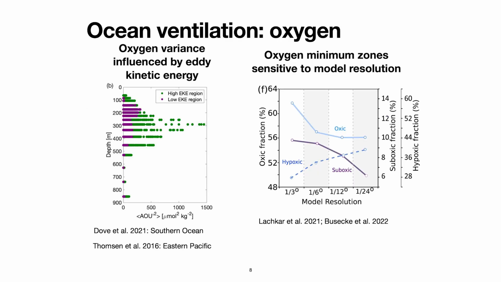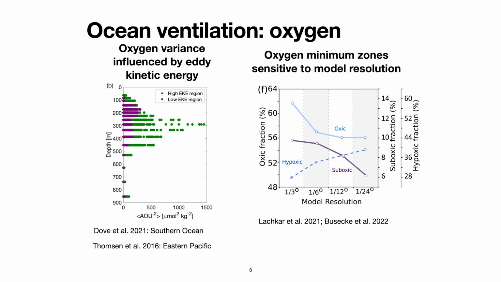And so some observations. What observational evidence do we have that mesoscale and submesoscale processes matter for these connections between climate and the deep ocean? So one, on the left-hand side, I'm showing observations of biogeochemical variance. So this is showing oxygen or AOU variance on the horizontal axis with depth in high eddy kinetic energy regions in green and low eddy kinetic energy regions in purple, and just showing that that variance increases, particularly in the mid-depth, when you're in a higher eddy kinetic energy region.